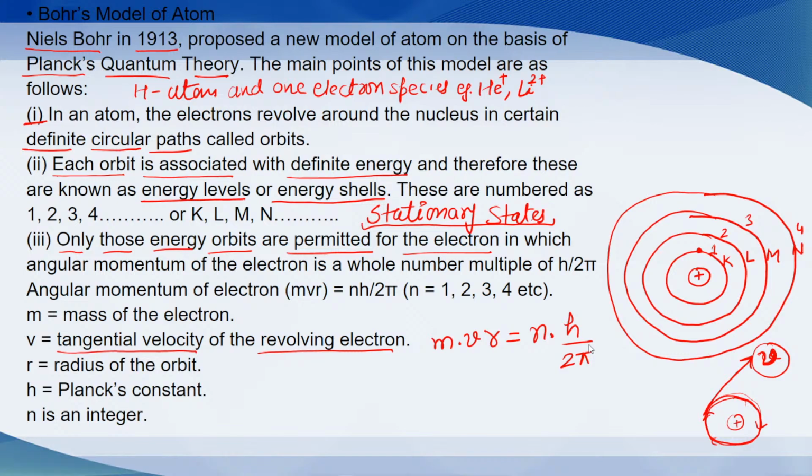According to Planck's quantum theory, energy is emitted or absorbed by any body discontinuously in the form of small packets, and that energy is E equal to h nu. That h is called Planck's constant, and its value is fixed, 6.626 into 10 raised to power minus 34 joule second.